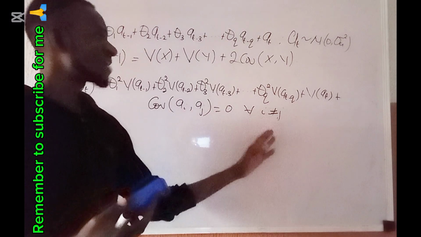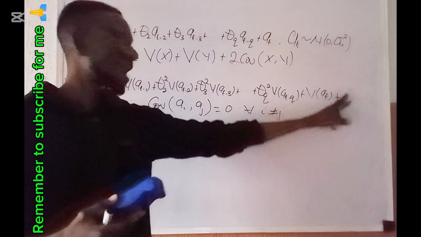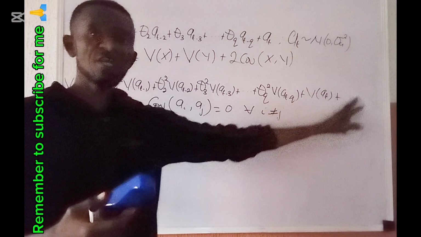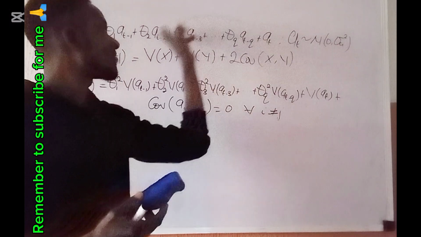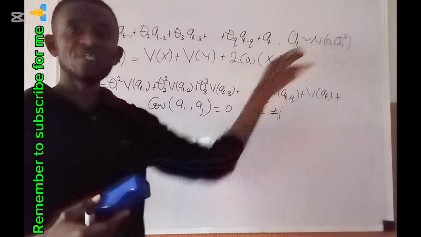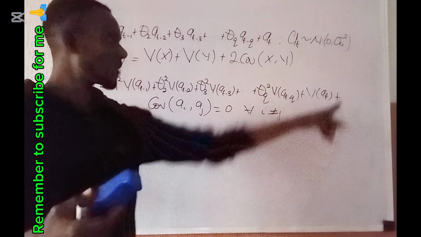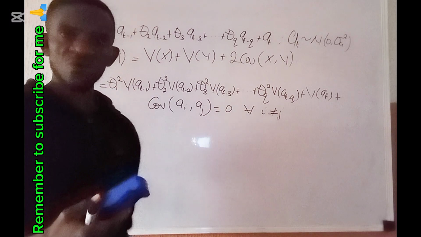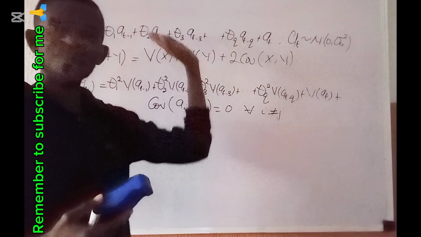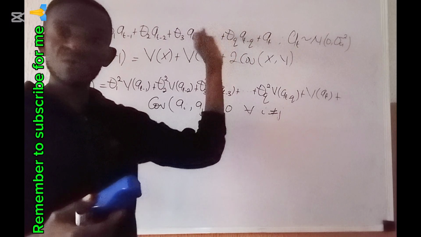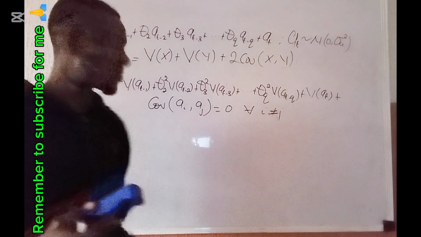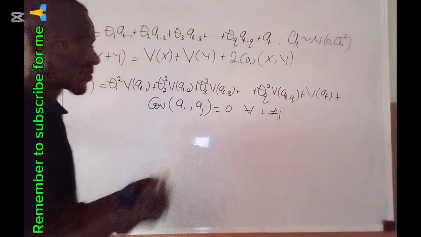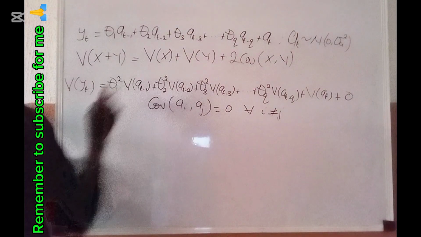So the covariances of all the possible pairs of the terms in the model will give us 0, bearing in mind that this is 2. So I now have that here, plus 0. Then we return back here.